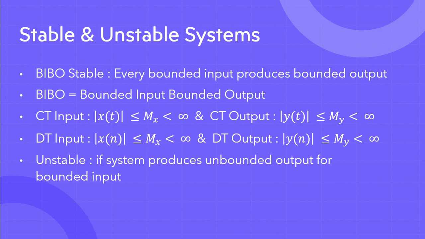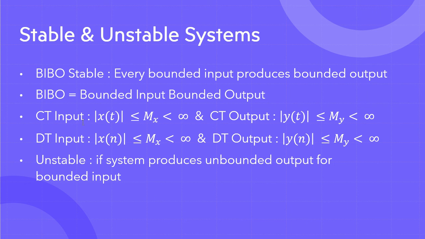And this criterion is applicable for both continuous and discrete time systems. The input is said to be bounded if there exists some finite number, let's say mx, for which this condition is satisfied. What is the condition? Modulus of x of t is less than or equal to mx, the finite number, which is less than infinity.